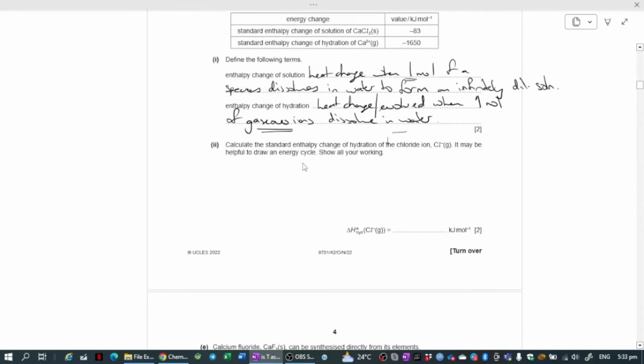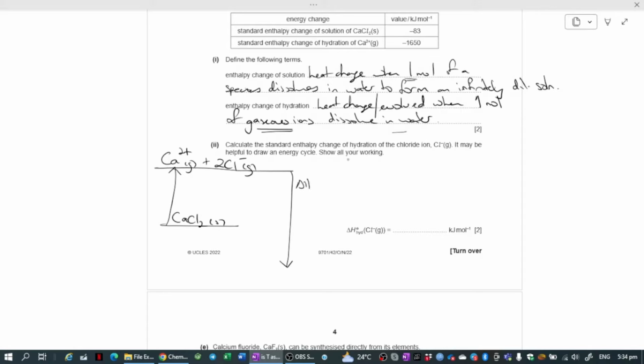And then for part 2, they say calculate the standard enthalpy change of hydration of the chloride ion. It may be helpful to draw an energy cycle. So again, like before, we need to construct a Born-Haber cycle here for the dissolving of an ionic compound. So the cycle would look something like this. We have solid calcium chloride, and what we do, reverse lattice energy to give calcium gas and chloride gas, and then we do the hydration energies.